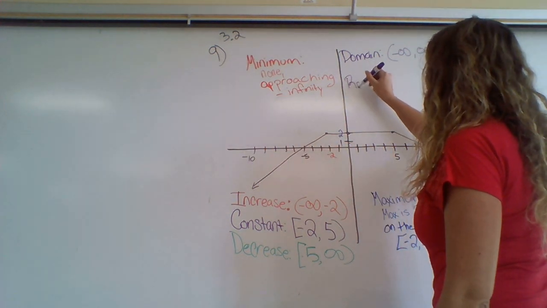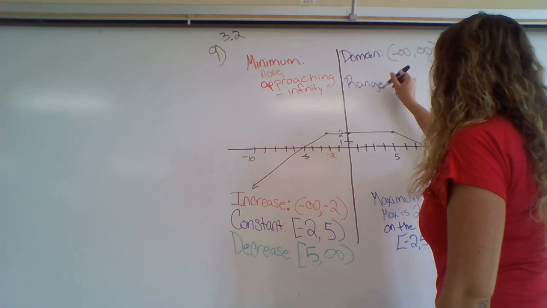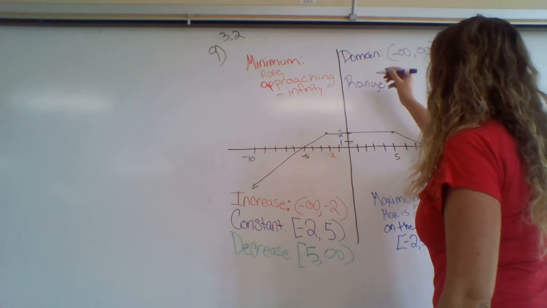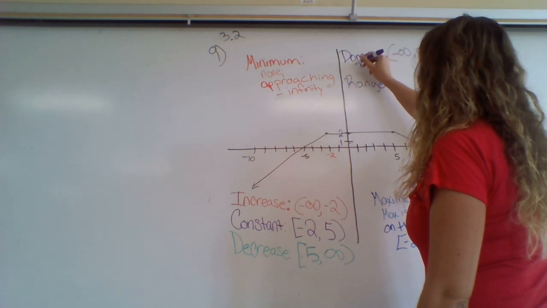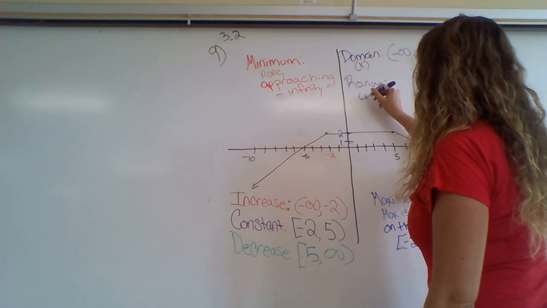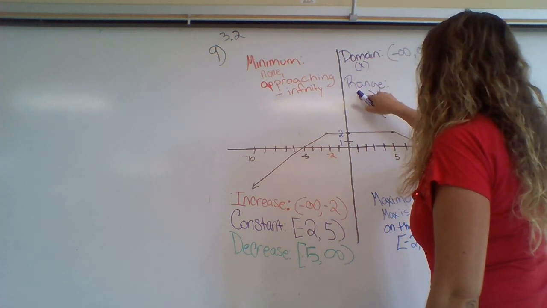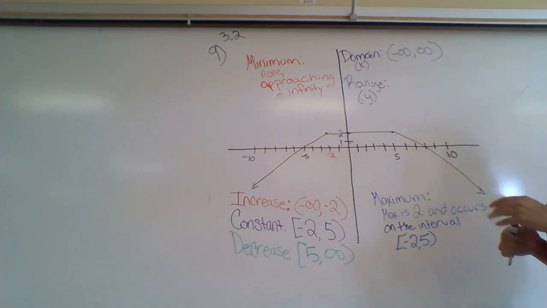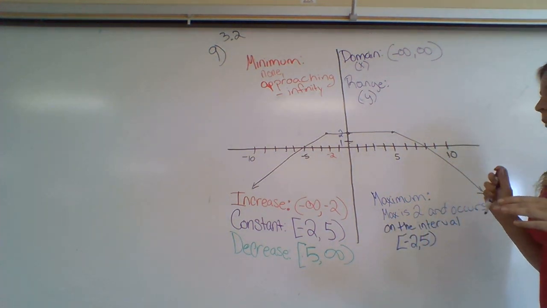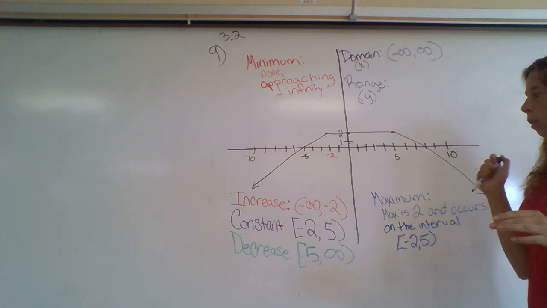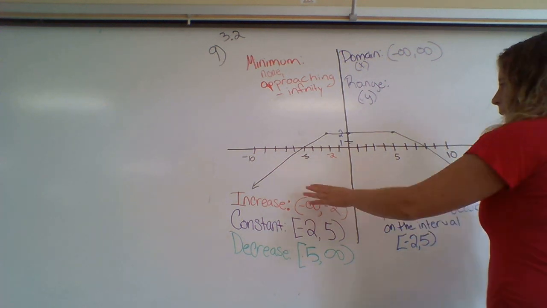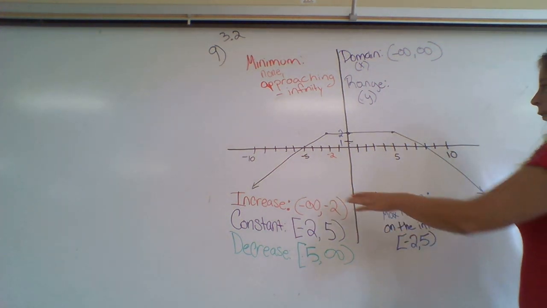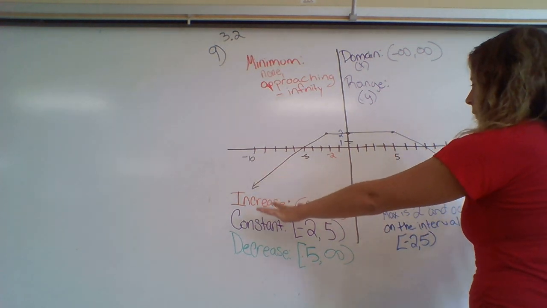Your range, oh. So then this is your x, so range is your y. Okay. So for y values, all right, well, we're going to be going forever into the negative y values.